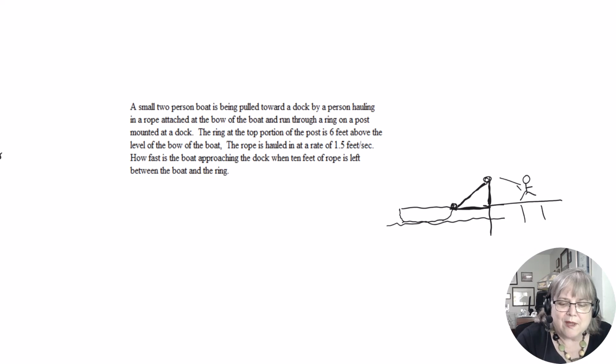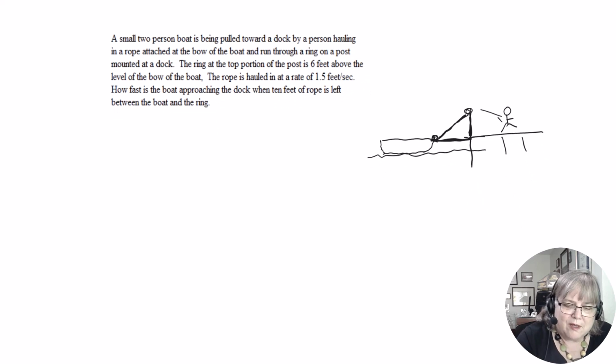Okay, so I'm going to blow that triangle up a little bit. It's this triangle right here, because let's read what it says. It says a small two-person boat is being pulled toward a dock by a person. Here's my person, hauling in a rope attached to the bow of the boat and run through a ring on the post. Here's the ring mounted at a dock.